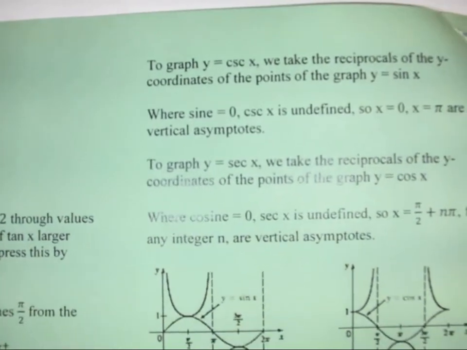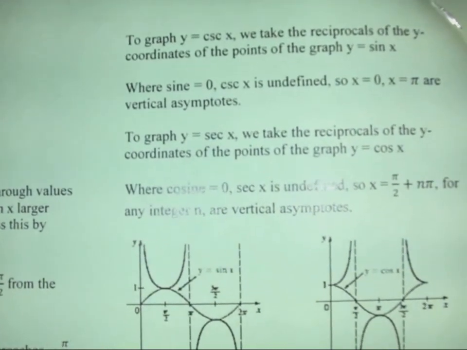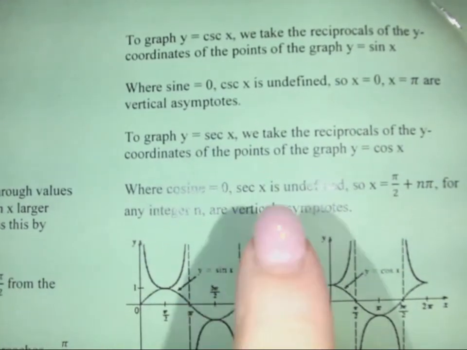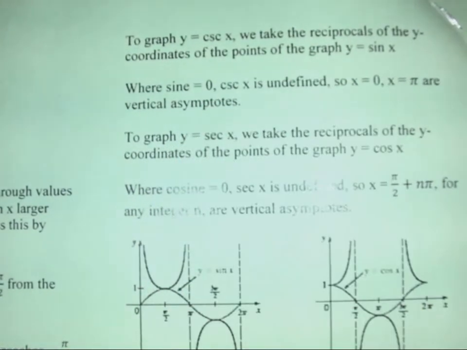Now for cosecant and for secant, we're going to take the reciprocals of the y-coordinates of the points. So where sine is equal to 0, it's undefined. So x equals 0 and x equals pi are vertical asymptotes.